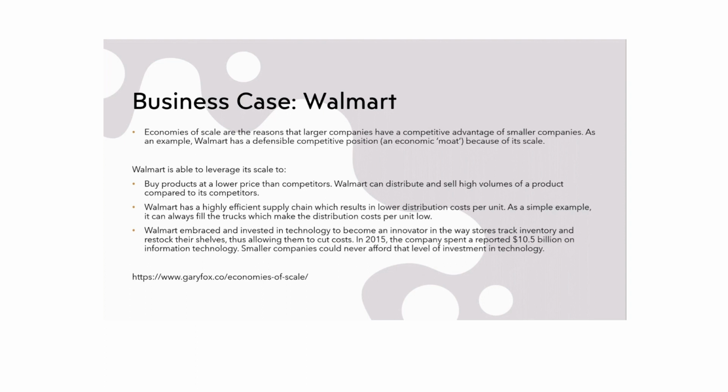And add to this, in 2015, with Walmart already efficient, it even spent $10.5 billion on information technology. And therefore, smaller companies could not really compete with Walmart because they cannot afford that level of investment in technology.